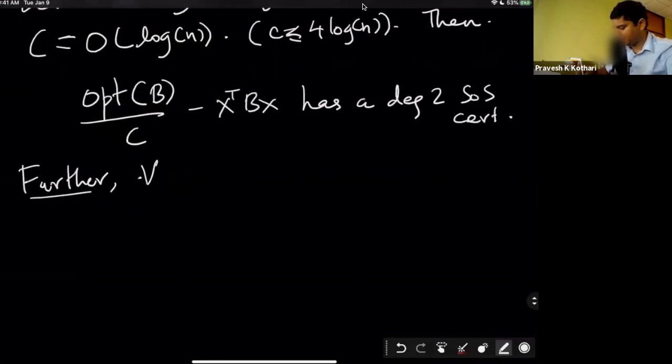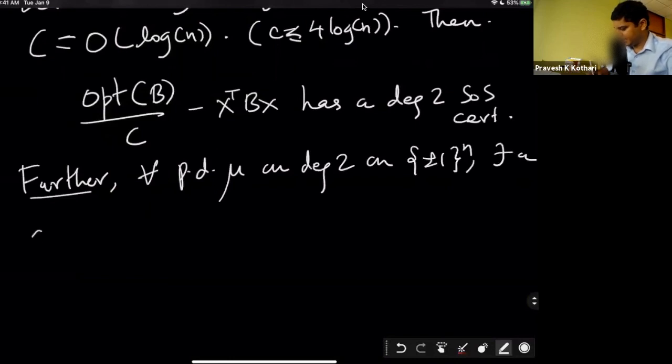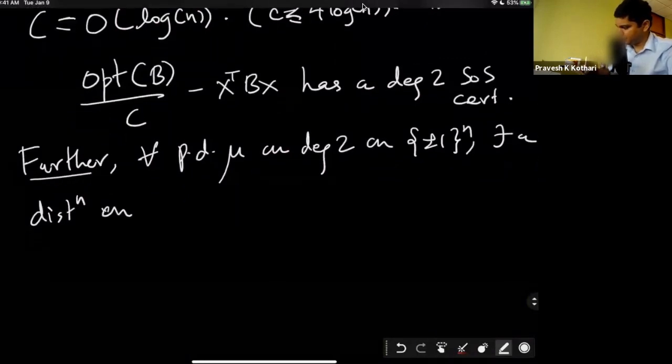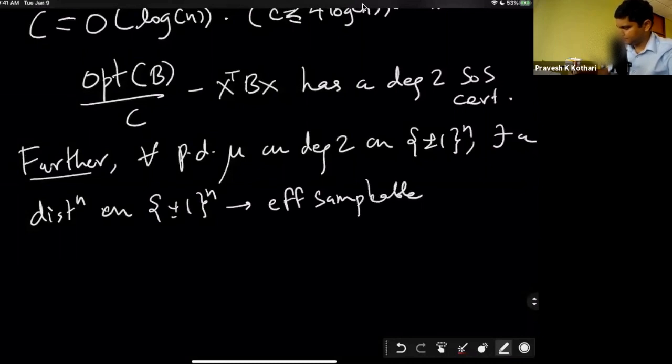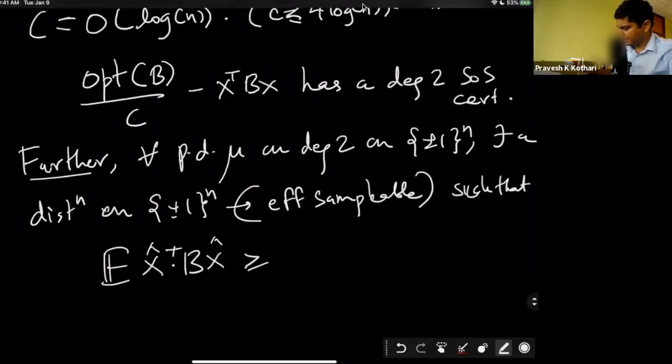So further, for all pseudo distributions mu of degree 2 on plus minus 1 to the n, there exists a distribution on plus minus 1 to the n, efficiently sampleable, just like before, such that the expectation with respect to this rounded distribution is at least 1 over C of the twiddle expectation.